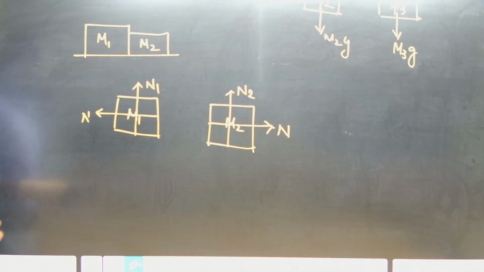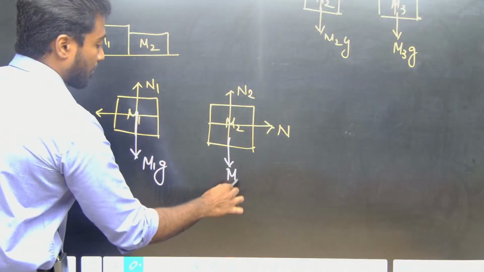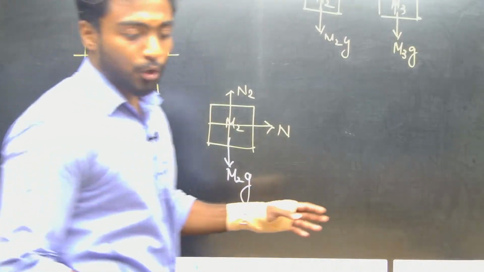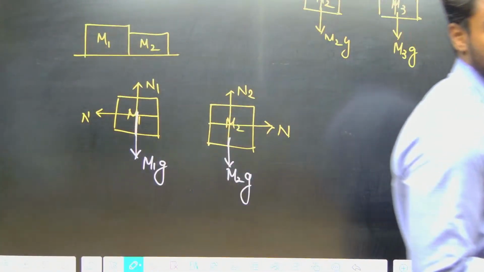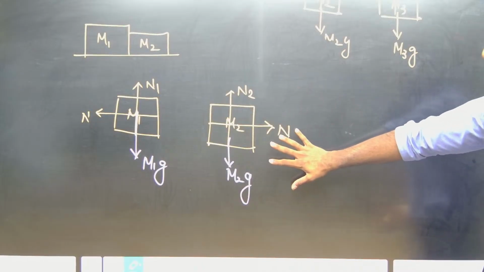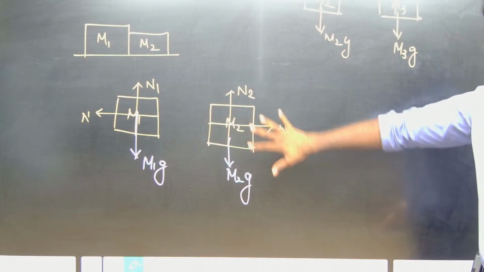Now what is the thing remaining? Weight is remaining. So weight will be m1g, here weight will be m2g, got it. So this was the condition we have drawn in the previous cases, with continuation of the part when I talk about a normal force with respect to a weight also.